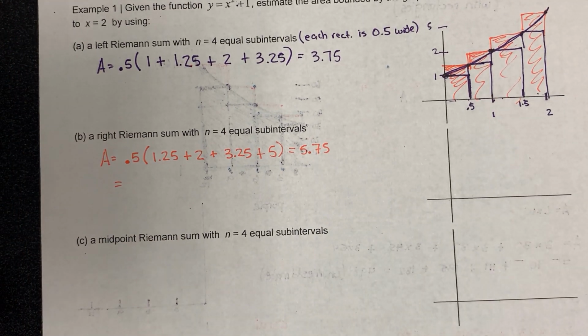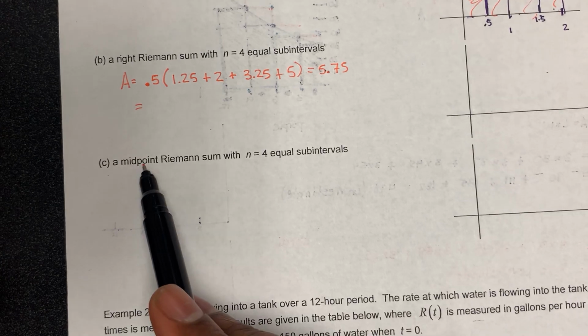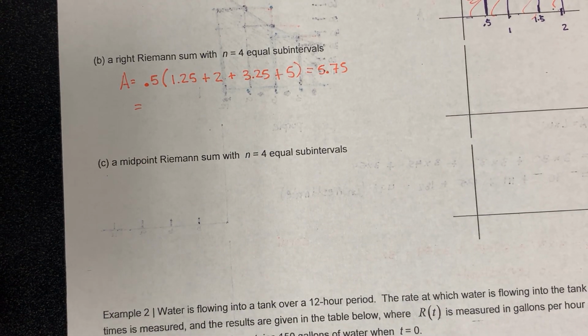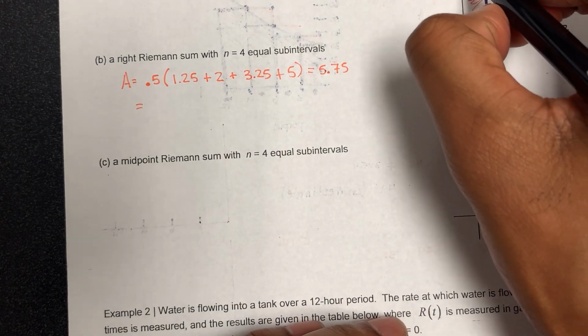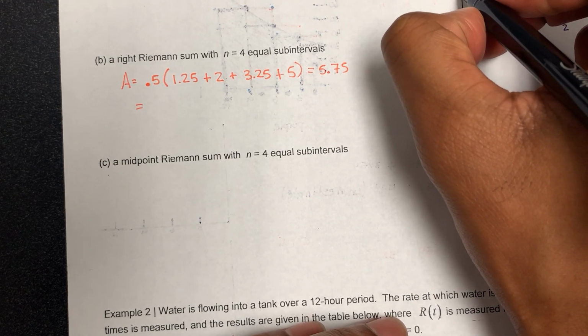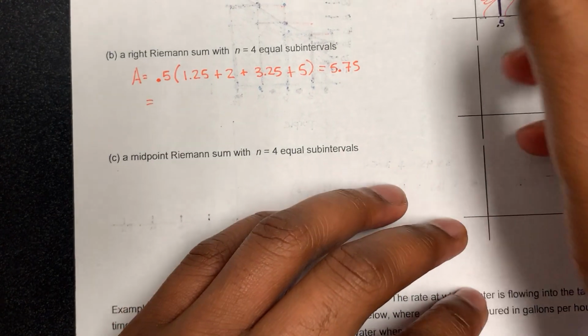And so last, we want a midpoint Riemann sum with 4 subintervals. Let me draw this in blue.